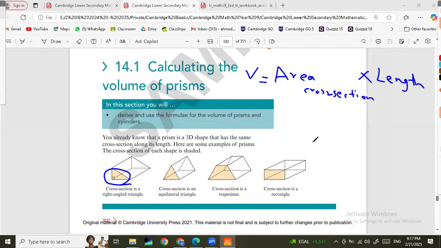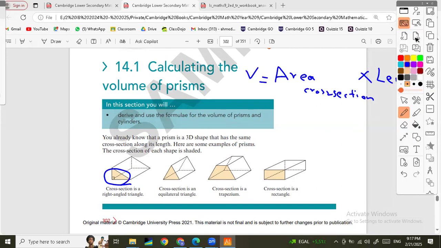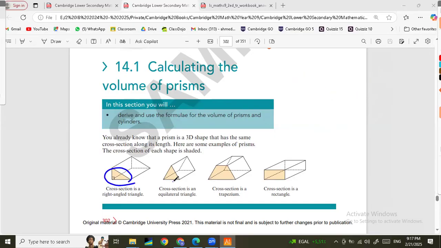For example, over here we've got the first shape, where the cross section is a triangle. The cross section here is also a triangle, here a trapezium, and here a rectangle. Let's remember how to find the area of a triangle: base multiplied by height, all over 2.